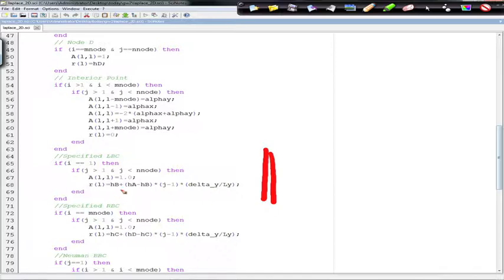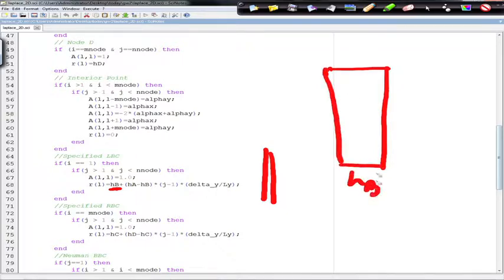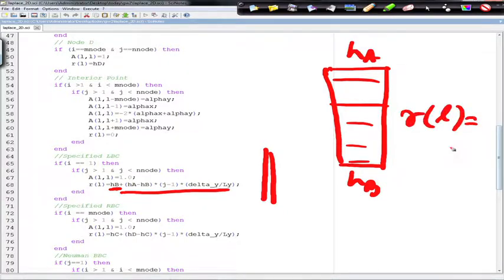Then comes the specification of the left boundary condition. The base value is H b because there is variation here, H b and this is H a. So, intermediate points we can define as specified values on the right hand side, R L equals some specified value based on linear interpolation between H b and H a, and the coefficient is again 1 here.